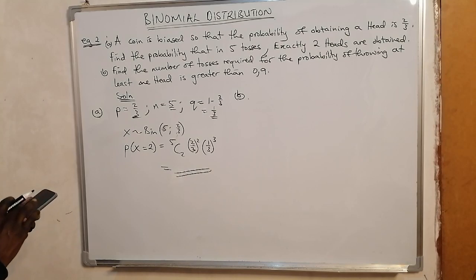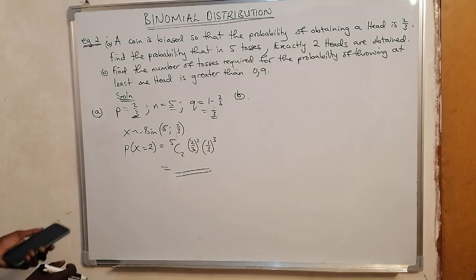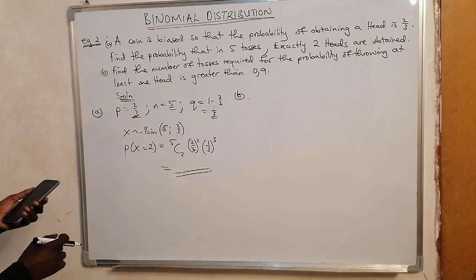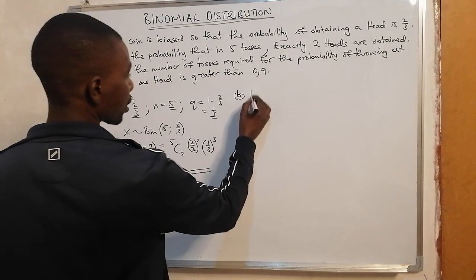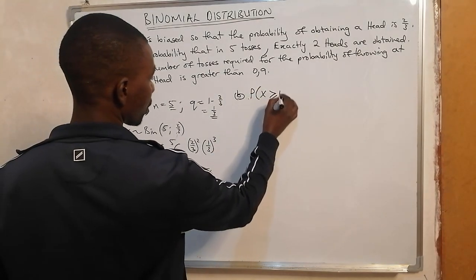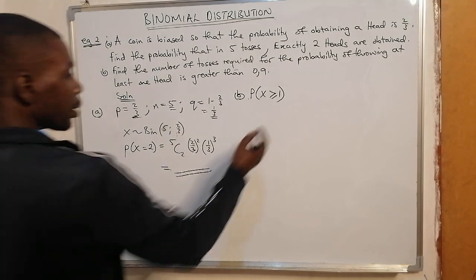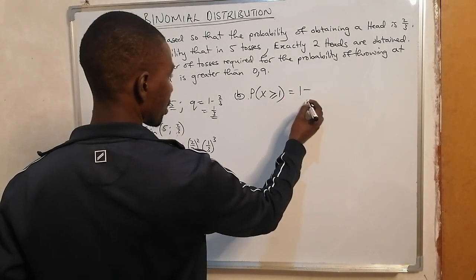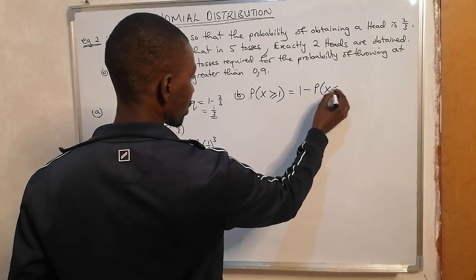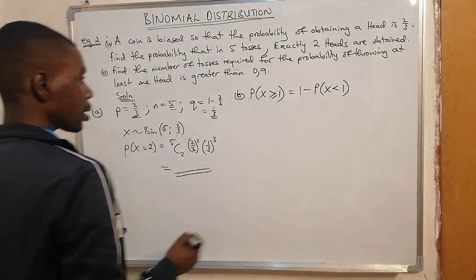Find the number of tosses required for the probability of throwing at least one head to be greater than 0.9. At least one head means P of x is greater than or equal to 1, and this is the same as 1 minus P of x is less than 1, right?